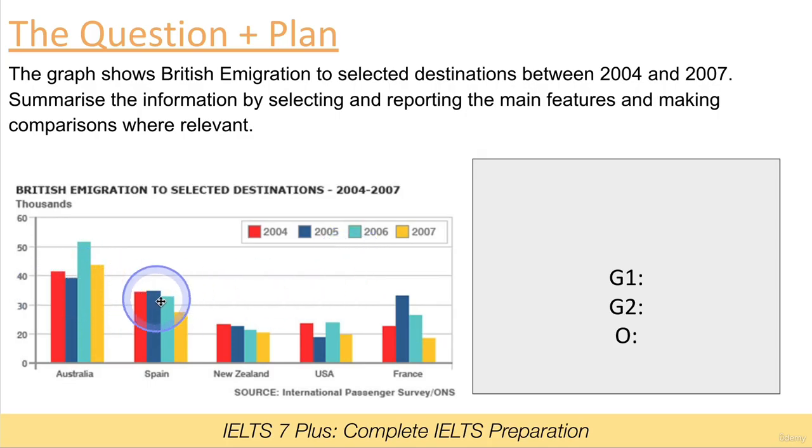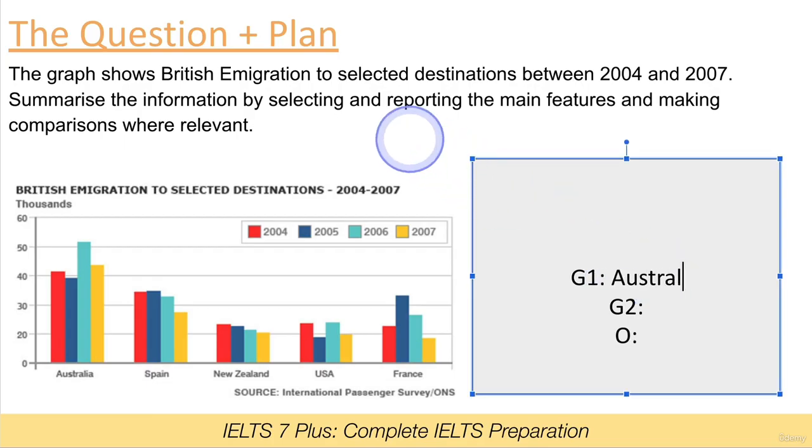So 2004 follows like a decreasing amount throughout. 2005 also decreased, but then shoots up for France. 2006 goes down and then up, like the 2005. And then 2007 does this, goes down. I think for ease, let's go for countries because otherwise I think I'm going to overcomplicate it if I go by years. So let's go Australia, let's go Spain.